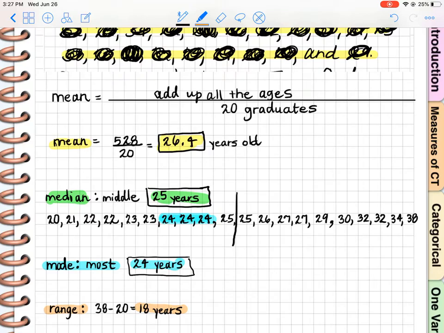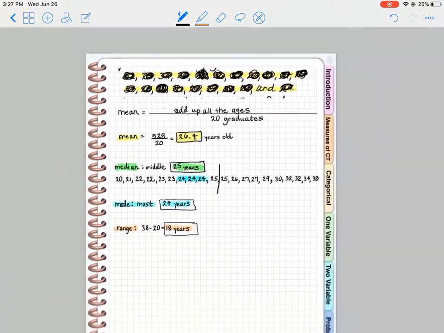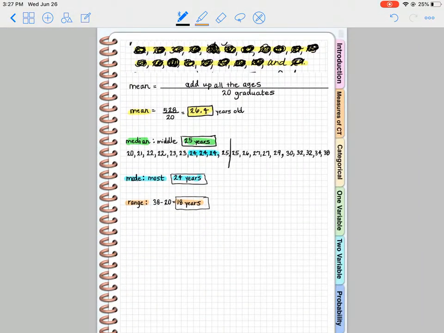Range is the spread from biggest down to smallest. So they told me to find mean, median, mode, and range, and we did. The median is the one I don't like because I have to work for that one. But math is sometimes a lot of work. I still think it's a lot of fun, though.